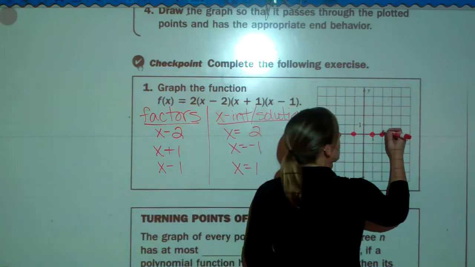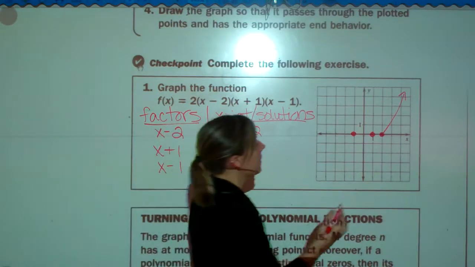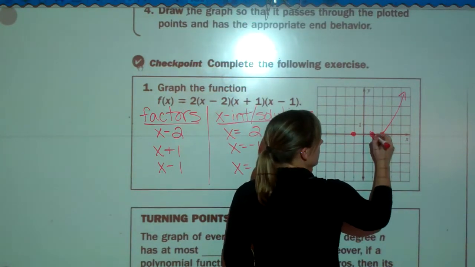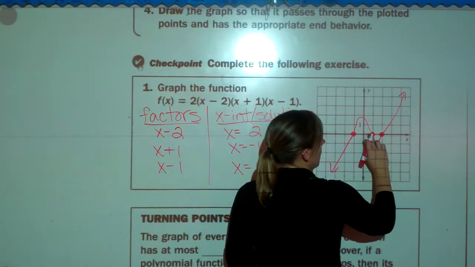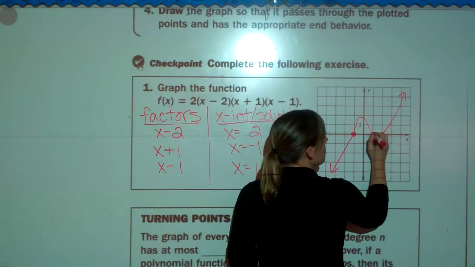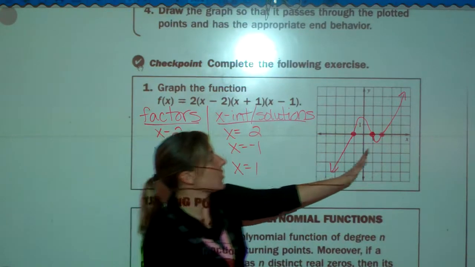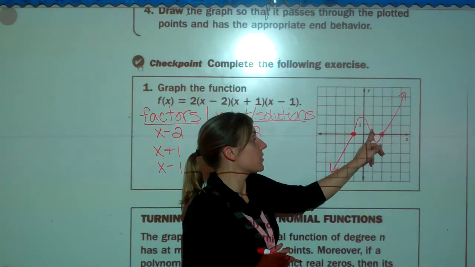So since this goes up, that means that it's got to come down and back up in order to go through this one, which means it's got to come back down to go through that one. Okay, so all we're doing to get these graphs is we know it's positive, so it goes up at the end, and then we just go backwards from it. It must come back up to go through that one.